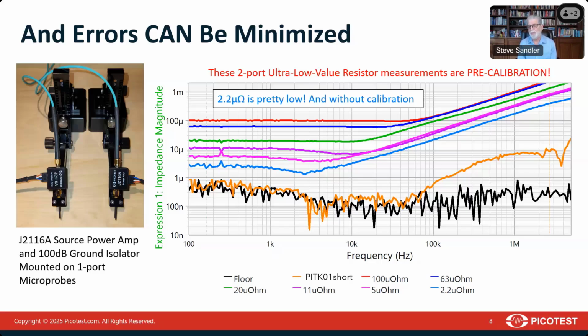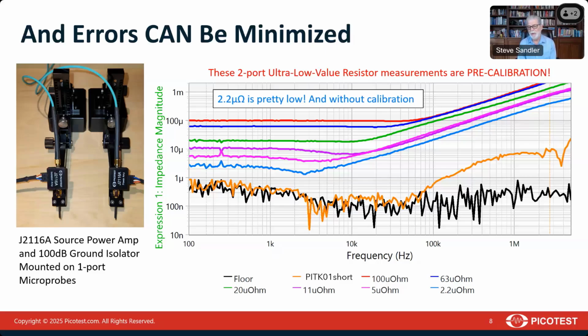And so here we made the measurements of a lot of our resistor standards, and you can see down in the bottom legend what the actual value of the component that we measured is. We also included the noise floor, and we measured a short, a perforated short for comparison.